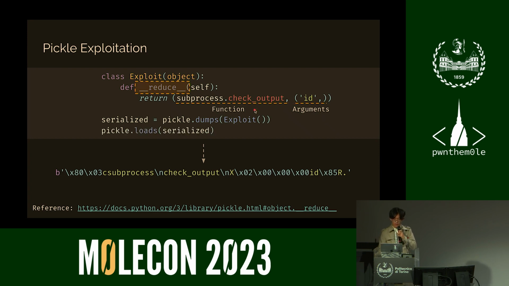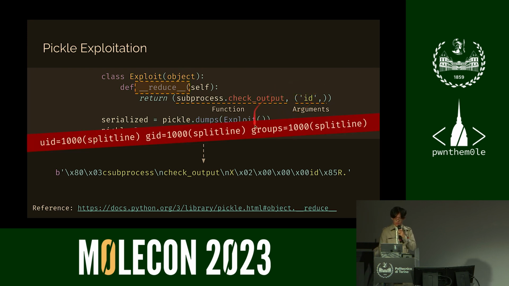When we deserialize it, it will execute this function with the arguments here, and it will trigger any function you want. Like this. And yeah, that's a basic exploitation for deserializing a pickle.